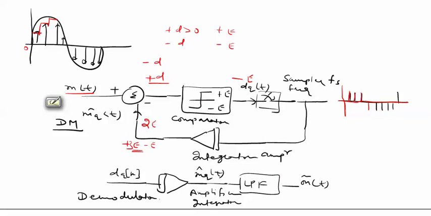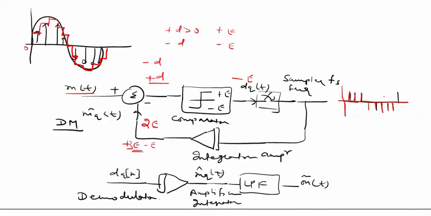Now the current value of the accumulator is plus 2e. Plus 2e is compared with the next value, and in this way the complete message signal is tracked by steps of plus e or minus e.